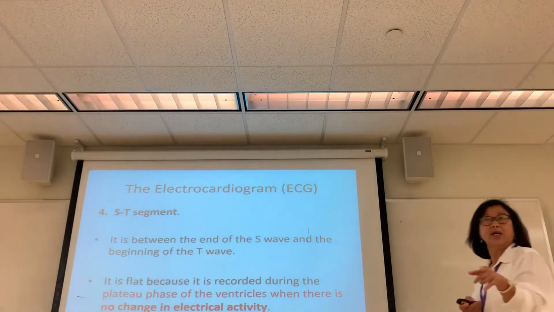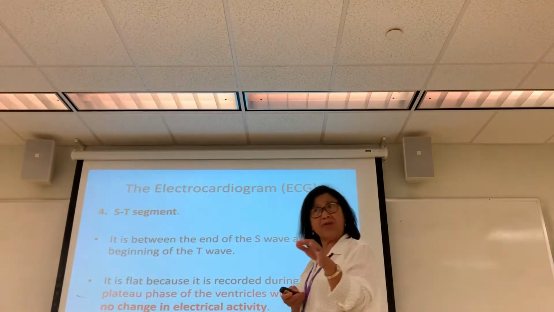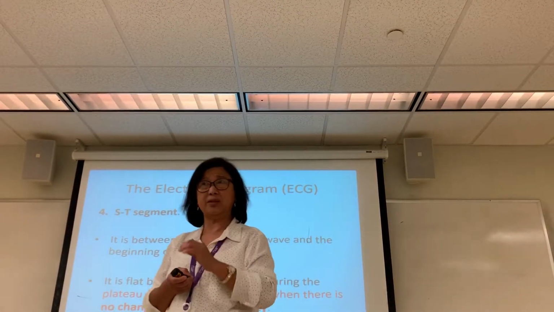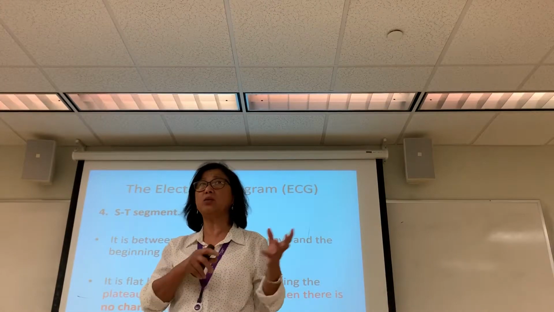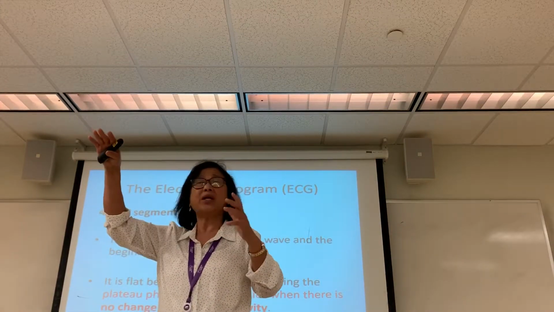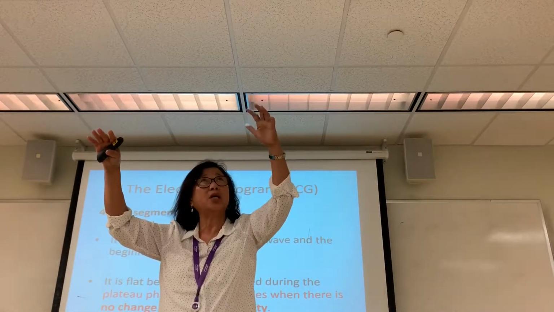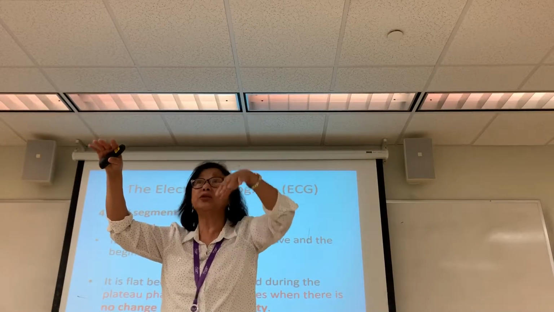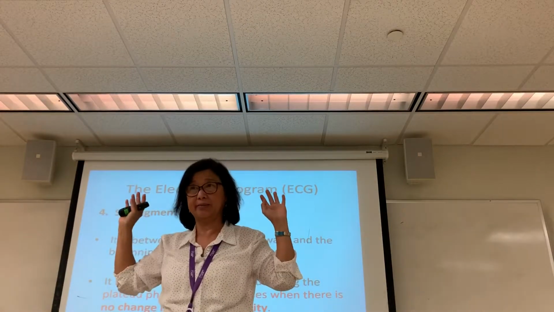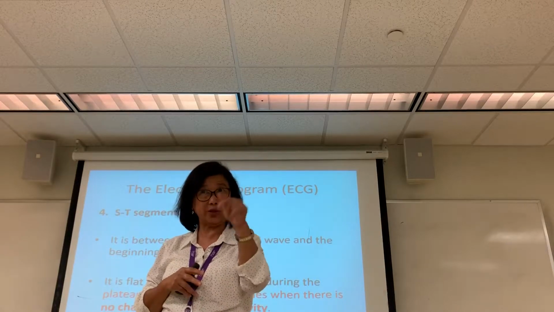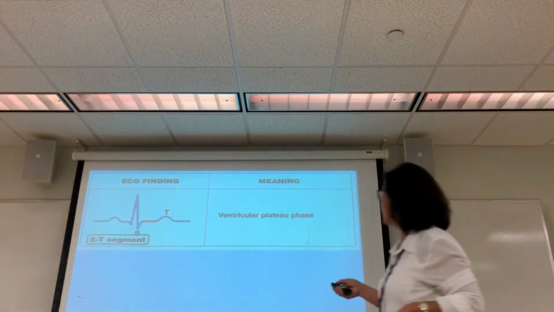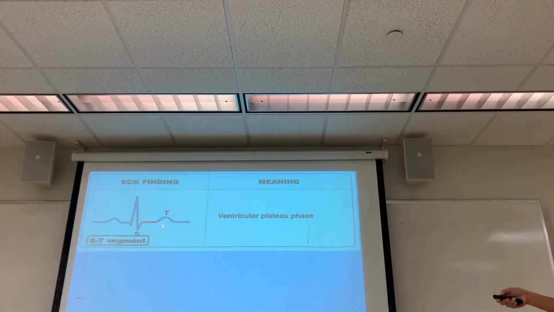In our action potential, this is the refractory period. When there is a plateau, it allows the atria to flow blood to fill up the ventricles. So that's the ventricular plateau phase, the S to T.